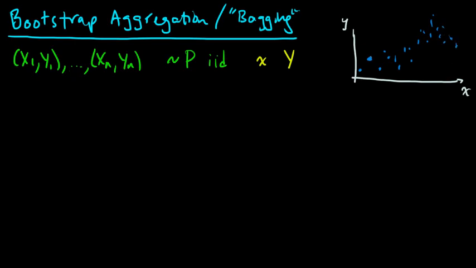And let's suppose that there is a true underlying function, f of x, from which these are drawn. So we draw an x, maybe uniform on some interval, and then we draw a y. Maybe the y's are Gaussian distributed around this line.